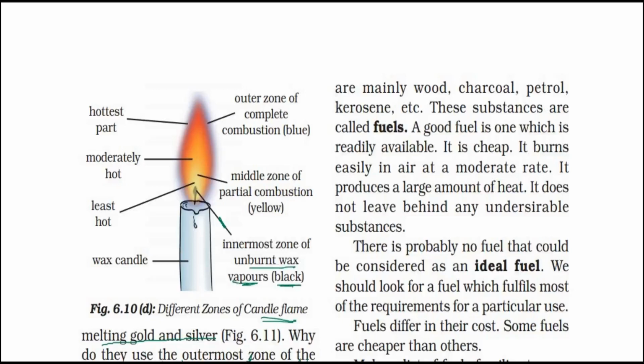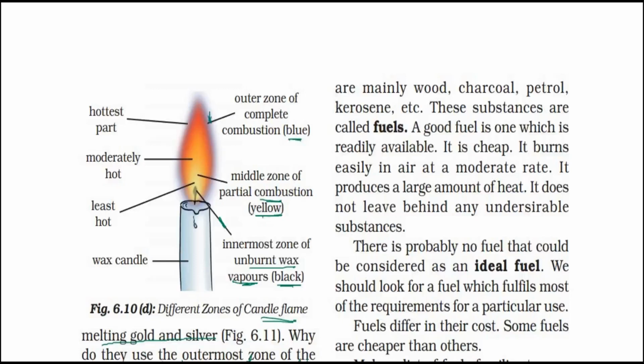Then we have the middle zone of partial combustion, right? There is some black vapor up here, unburnt carbon is there, so it's partially combusting. It's the yellow part, the part which shines. And then we have the outer zone where complete combustion takes place. This is the blue part.